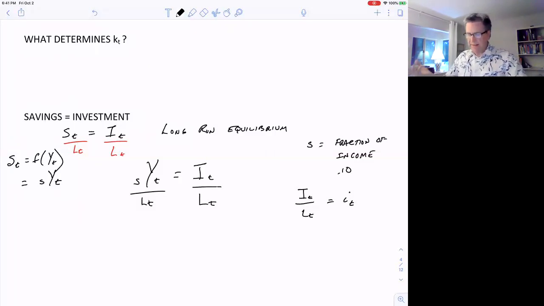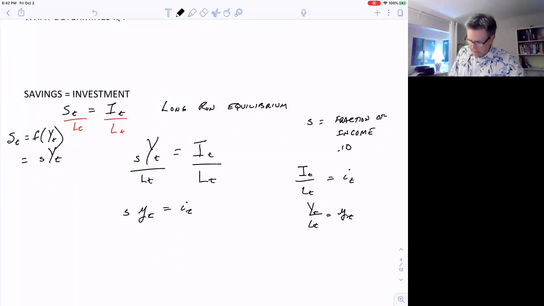And we know that Y sub t over L sub t is little y sub t. So we can write this as little s times little y sub t equals little i sub t. So the amount of savings per worker is equal to the investment per worker.